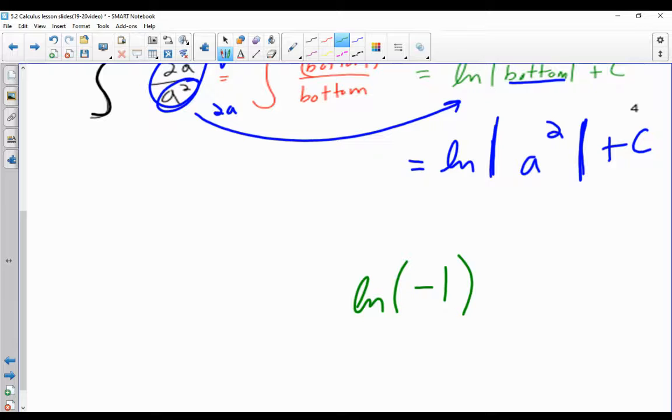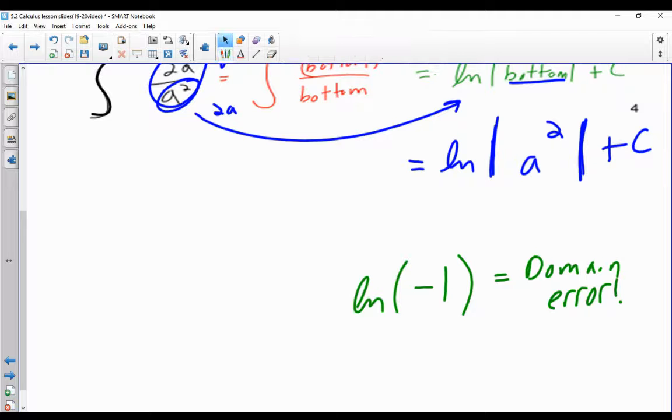For those of you who have a calculator with you, go ahead and type that in. I'm going to type it in real quick. Natural log of -1, and this is what my calculator says: domain error. So in other words, natural log doesn't work if it's negative. That's why we use absolute value bars, just to make sure that no matter what number we have, we keep it positive, because that's what absolute value bars do. So just want to clarify that for all these examples, we will be using absolute value bars, just so we don't run into this issue.